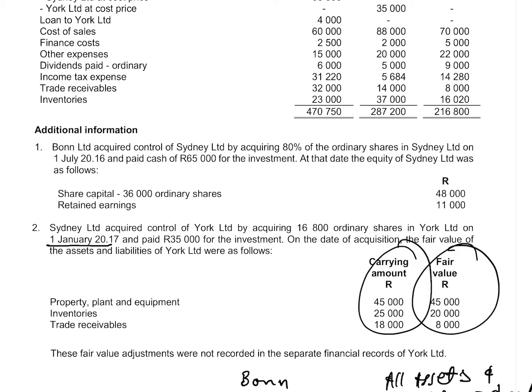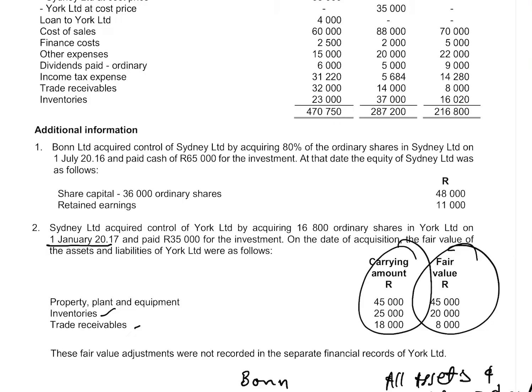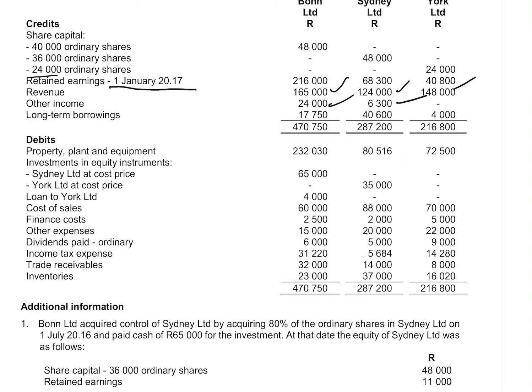So from this information, our retained earnings at the beginning of the year is 40,800 for York.